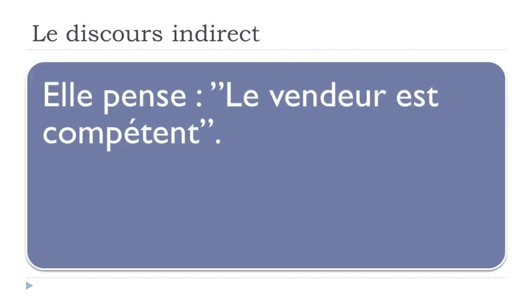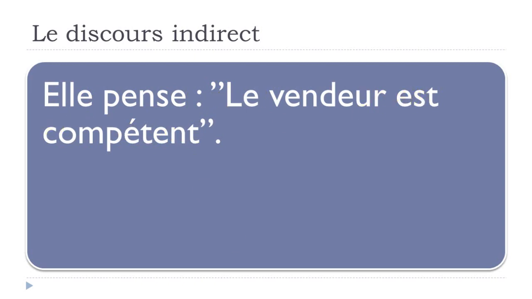Okay, and well, it's quite interesting because I wanted to put simple sentences here. Elle pense, penser is to think. Le vendeur est compétent. Okay, le vendeur, the seller, is compétent, competent. So of course it's possible to use a sentence like that, you know, elle pense, and then you put deux points and ouvrez les guillemets, le vendeur est compétent.